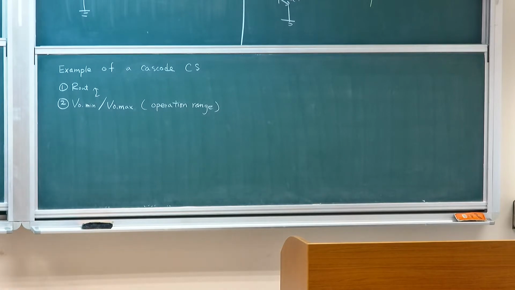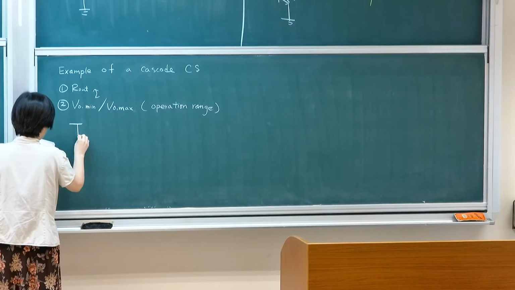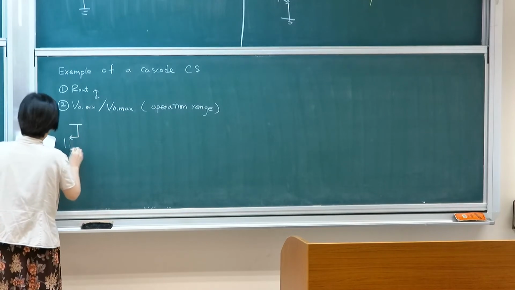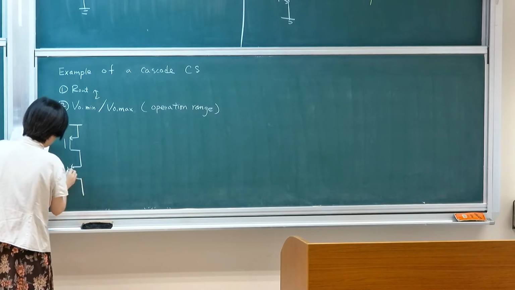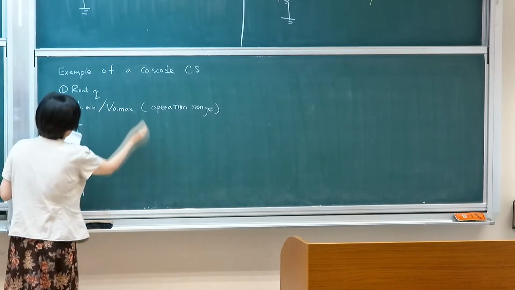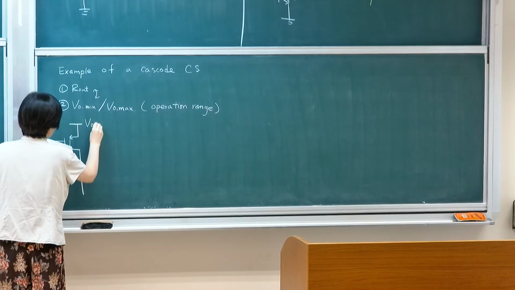So let's use an example of a pulling up version. So I'm using a PMOS. So let's say if this is my case, you need to find two parameters. One is its output resistance. One is VO maximum. If you're looking at a pulling up version, so this is VDD.